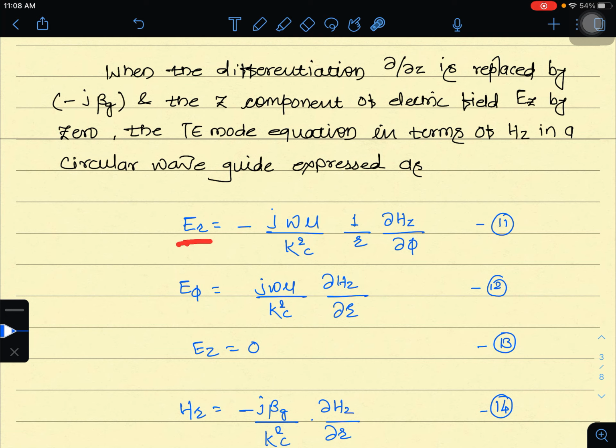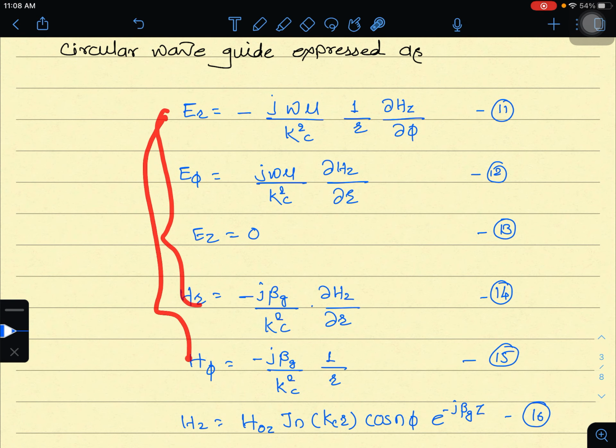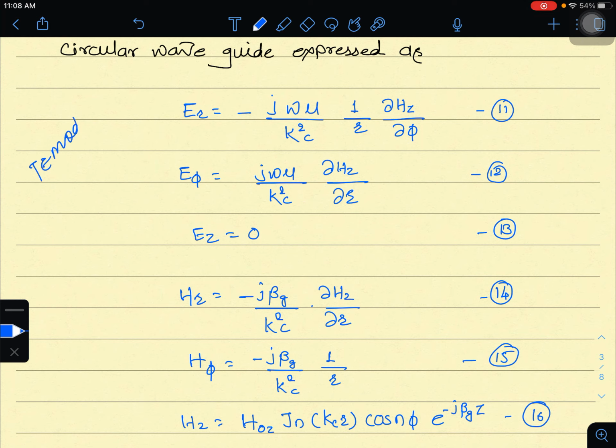In those equations ∂/∂z will be changed, and I hope these equations we have already solved in the TE mode of a rectangular waveguide.